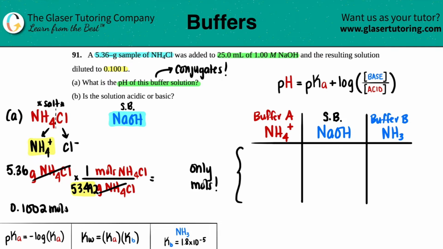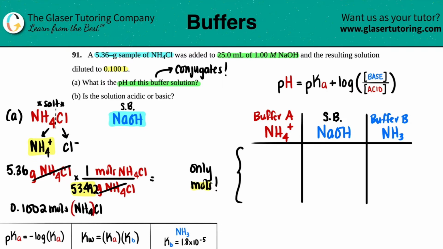moles of the NH4Cl. But now, how do I get moles of just the NH4 plus? Well, this is where our mole ratios come into play, but you could just kind of visualize it. Out of this whole compound, how many NH4s are in it? In one whole compound, there's only one NH4, right?